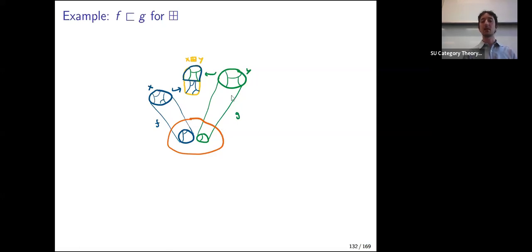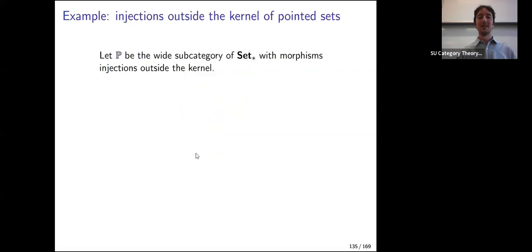Then g covers f if and only if, for any open in my space downstairs, if that meets f, so has non-empty intersection with the image of f, then it eats the entire image of g. So it can't see the image of g anymore.